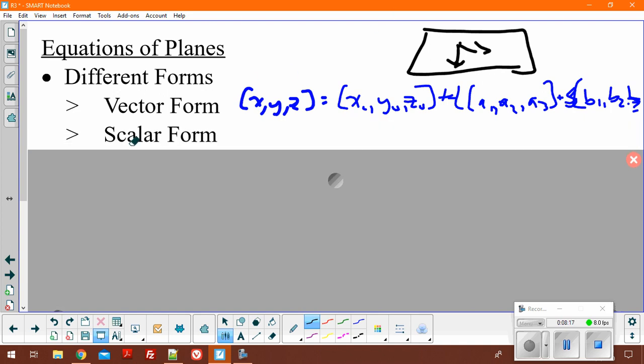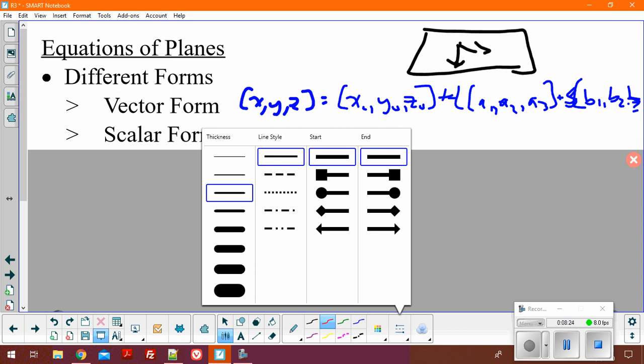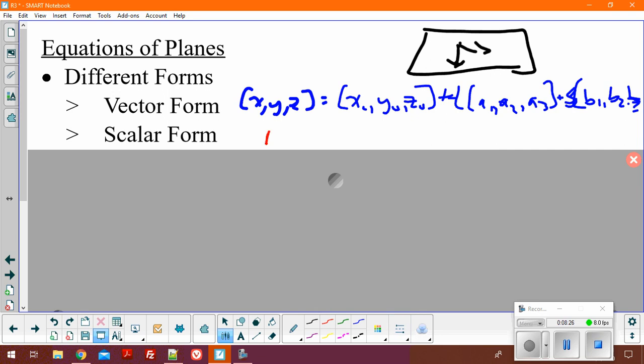The other one we focused on a bit was the scalar form. It looks very different. It is something like Ax plus By plus Cz plus D is equal to 0.